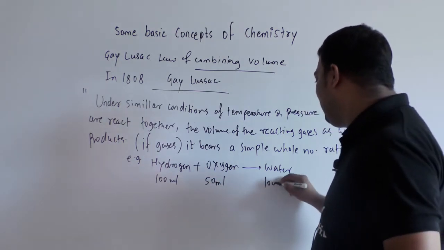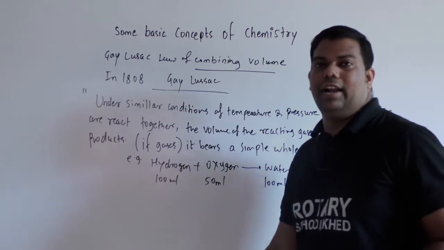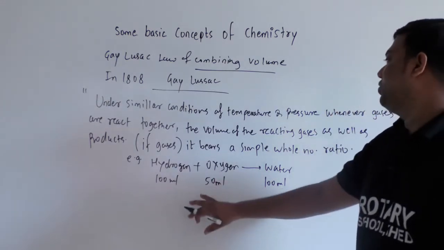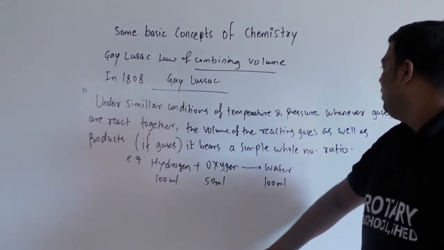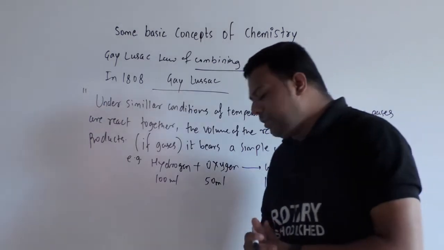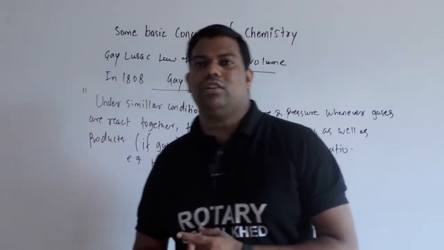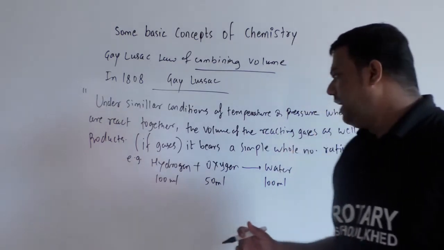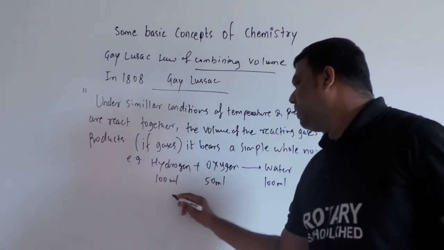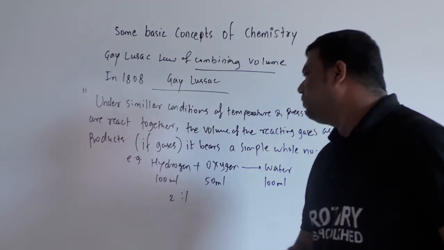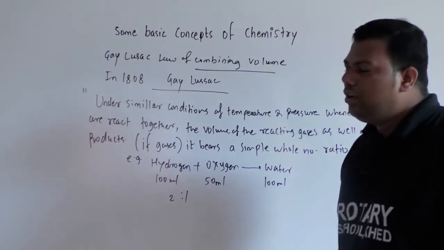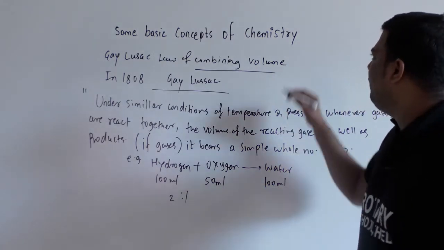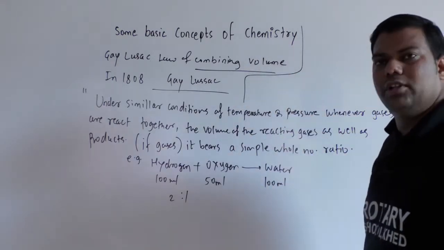Whatever the ratio of the reacting species as well as the product, it bears a simple whole number ratio. So what is the ratio of the reacting species? Yes, 2:1.